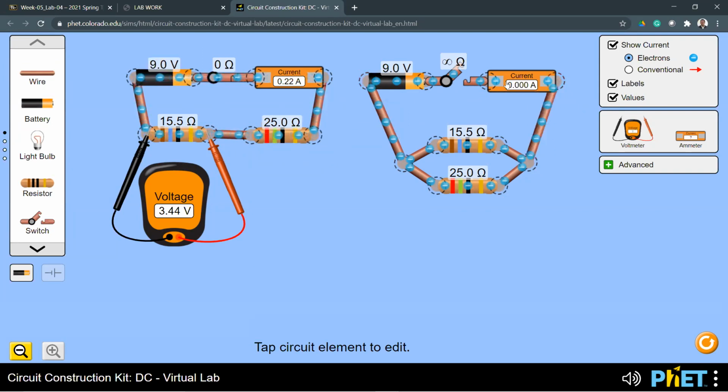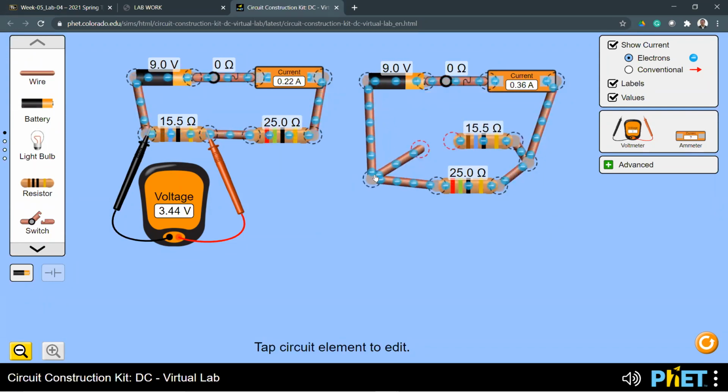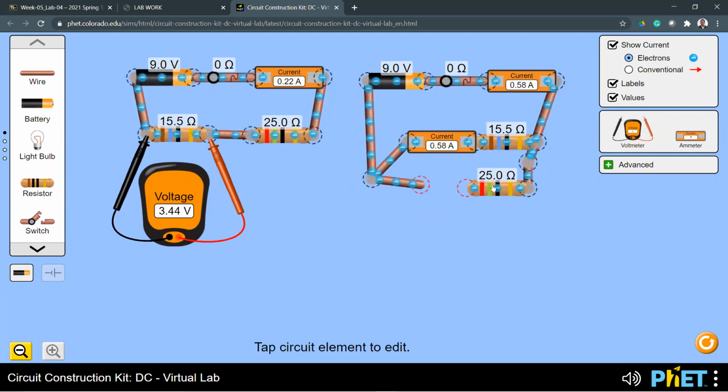There's no current yet. The reason is the switch is in the off position. Let's put the switch on. Then you can see each of the resistors has the current separated out. We can test that also. If I break here, let's put the two ammeters separately, then you can see the current values are actually different. Okay, let's put two ammeters here to check that out.